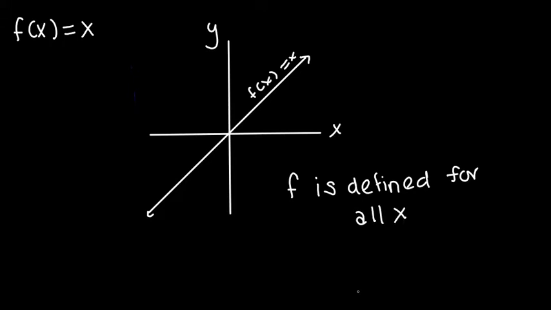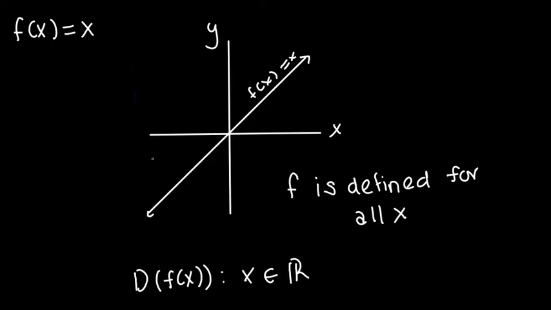Any real number that you put into this function, say negative pi over 2, or pi squared over 3, or even 200 billion thousand million, or negative that, all of those are valid inputs for this function. So we can say that the domain of f of x, this is how you write it, is that x can be any real value.